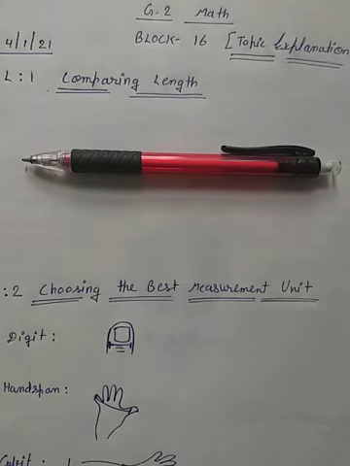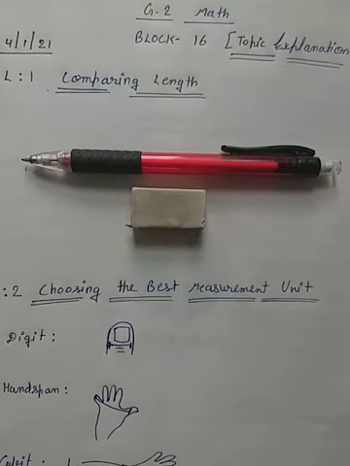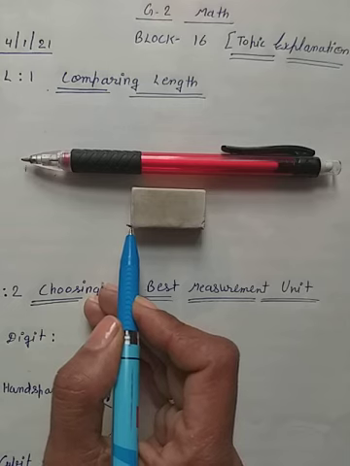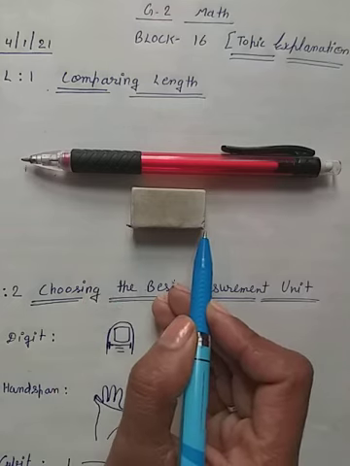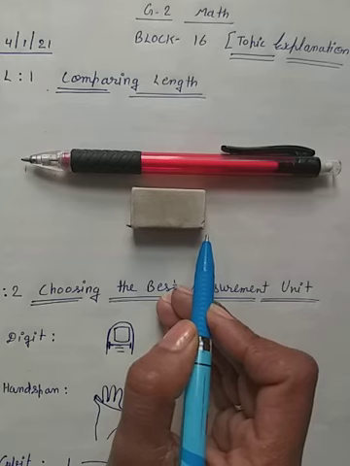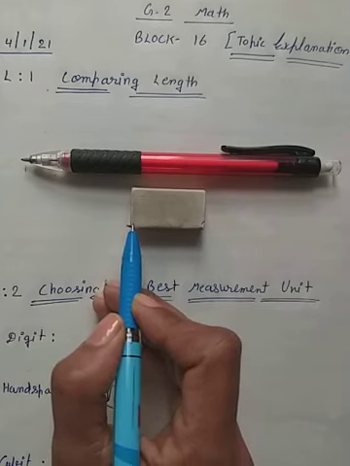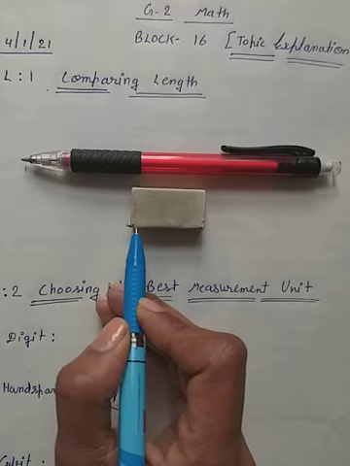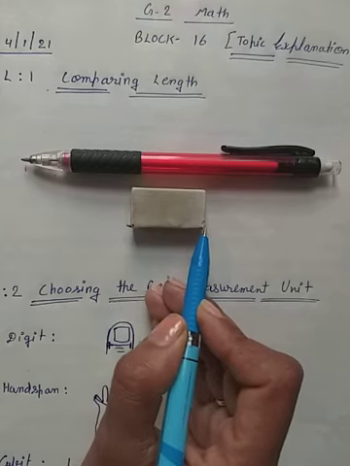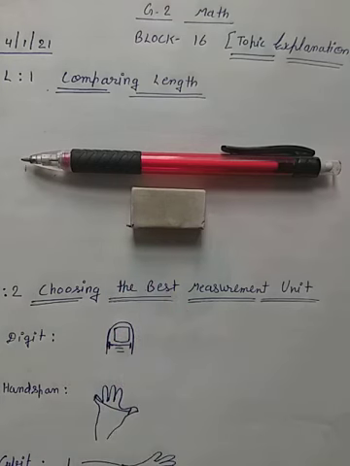Like I have an eraser. So what is the length of the eraser? From starting point to end point, that is called length. If we measure from the starting point to this end point, this is called the length of the eraser.